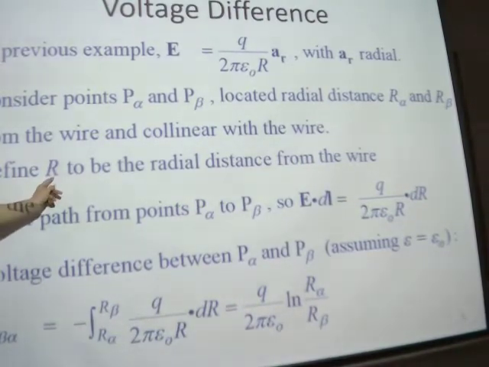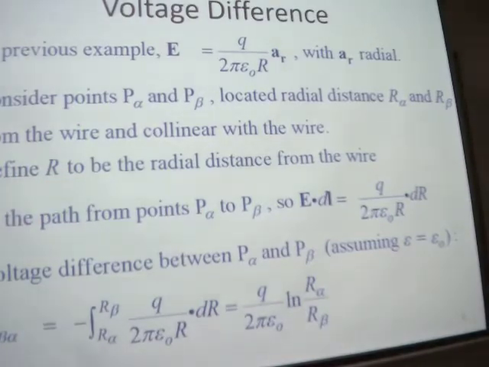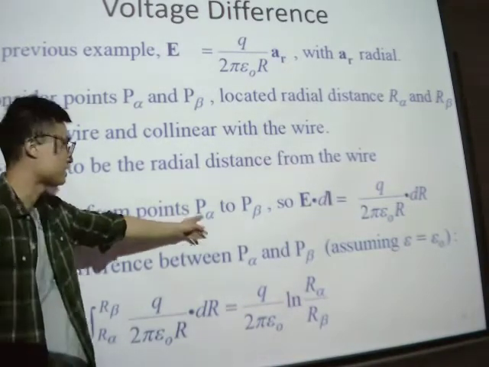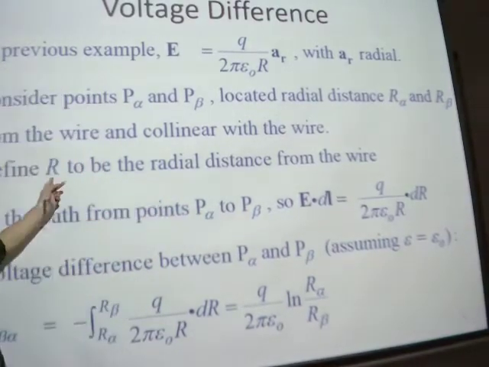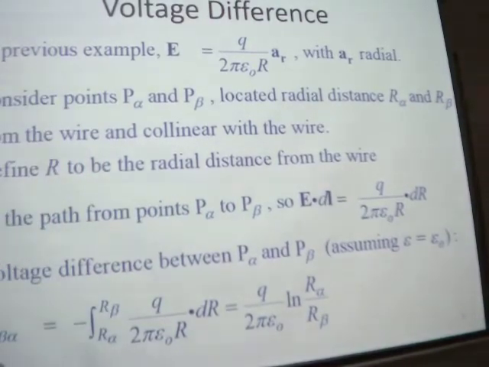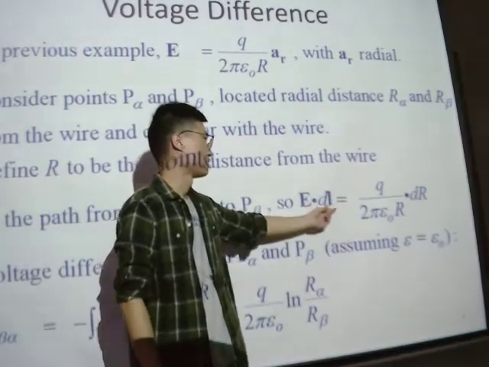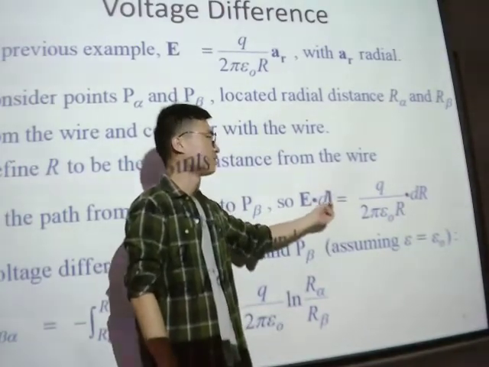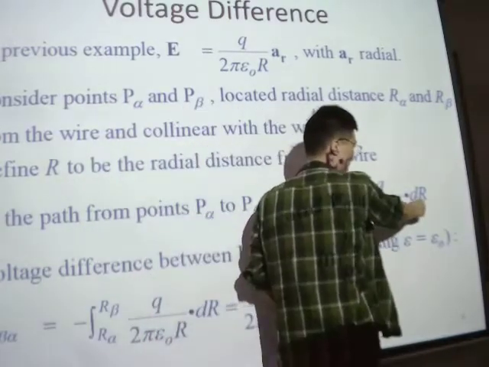So we will assume that R is the radial distance from the wire between the points alpha and beta, okay. So the distance is uppercase R, so that if you get this, you can see the differentiation of L and the differentiation of R.